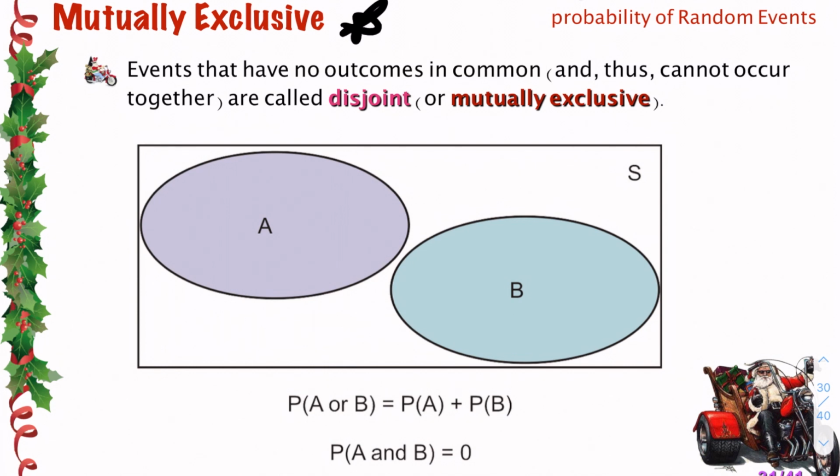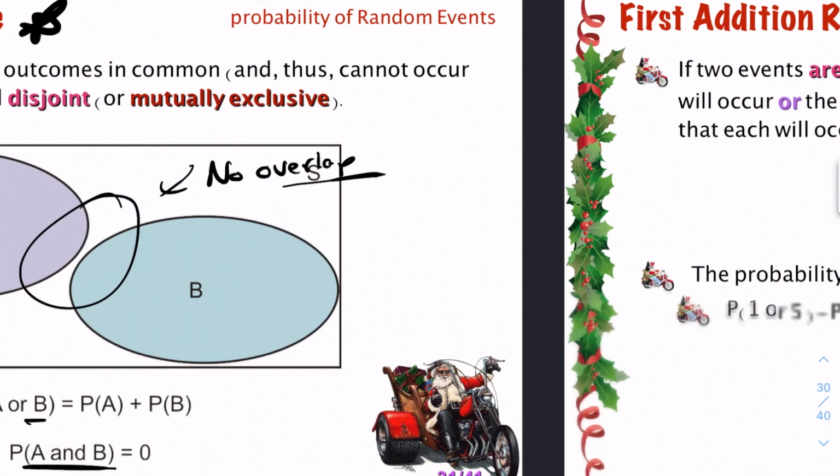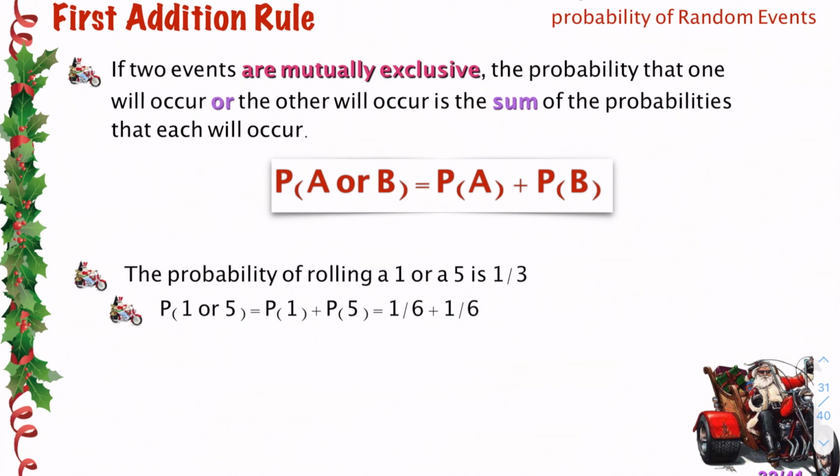So the probability of A or B happening is the probability of A plus the probability of B. Or more specifically, the probability that A and B happen is 0. There is no overlap, which is often easier to visualize with a Venn diagram. If we're talking about or, and we know that the events are mutually exclusive, the probability that one or the other will occur is the sum of the probabilities that each will occur.